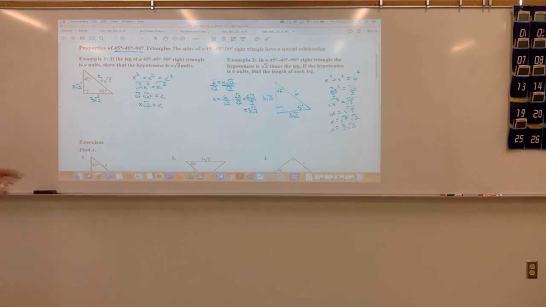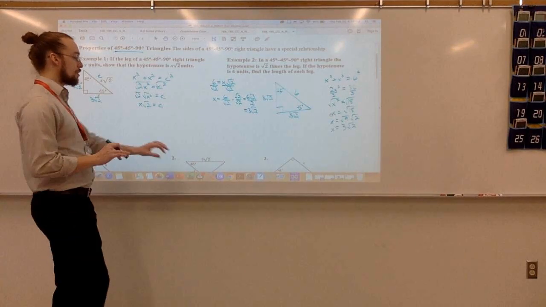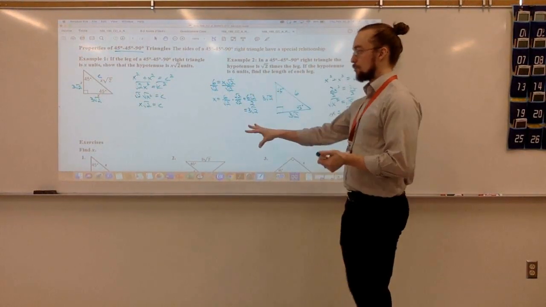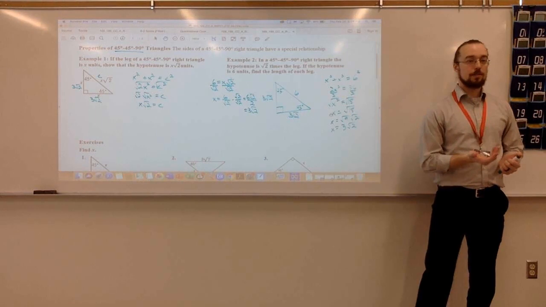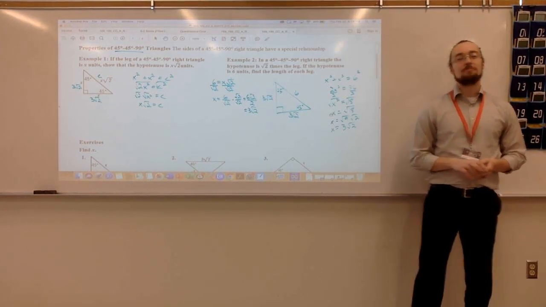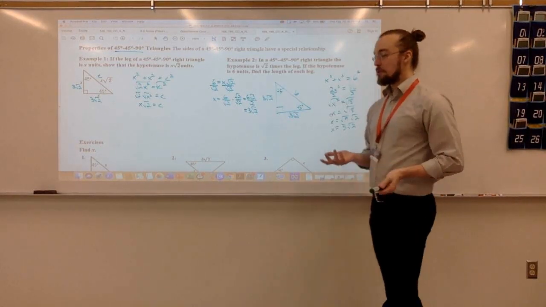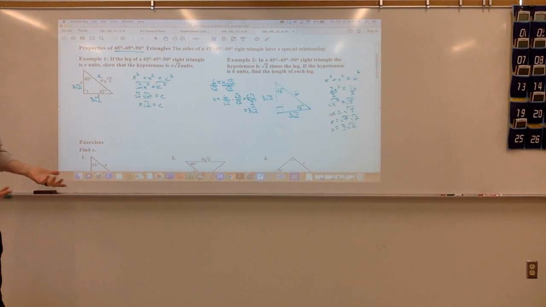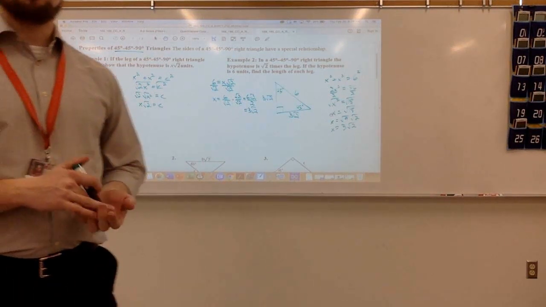And we're not going to do a ton with these in this class, but in pre-calc, you will do a lot with these special right triangles when you get into trigonometry. I'm assuming that most, if not all of you, are going to take pre-calc. Okay, so this is something that you will definitely see again in pre-calc.